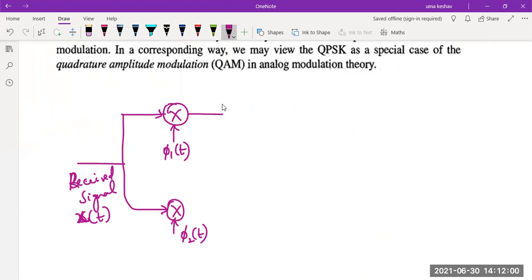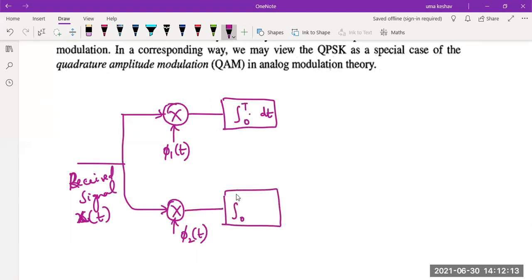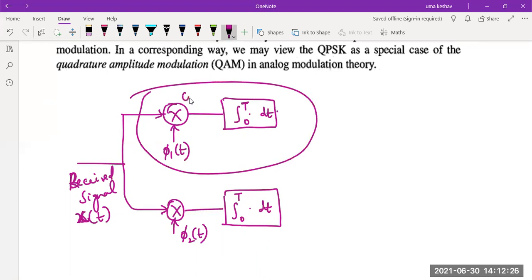And after the multiplier, I will have an integrator, integration from 0 to T, dt. Again here, integration from 0 to T, remember, I should take one symbol time, 0 to T, not 0 to Tb. So I integrate over one symbol time. This whole thing together is a correlator.